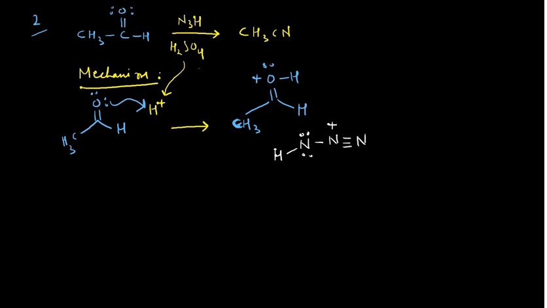So what can happen? This lone pair is the nucleophile, and that nucleophile can attack this electrophilic carbon. So the moment this happens, you can end up with your product. So this will move up and then your species would look like that.